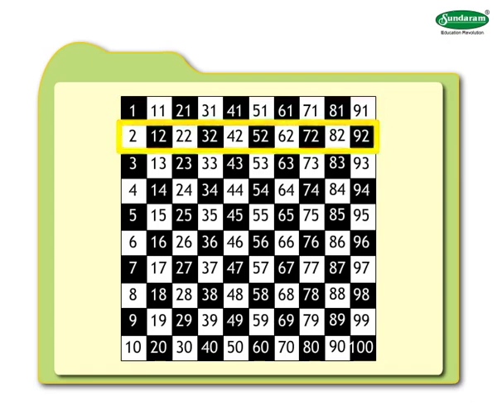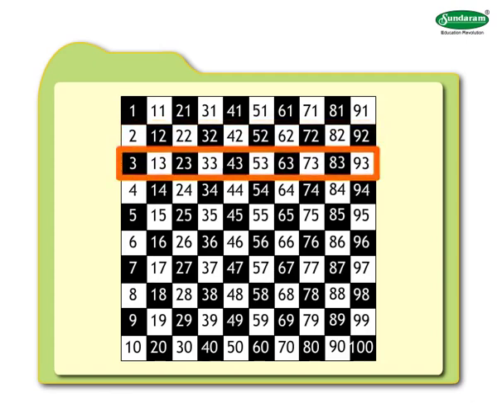The next row has all even numbers: 2, 12, 22, 32, 42, 52, 62, 72, 82, 92.